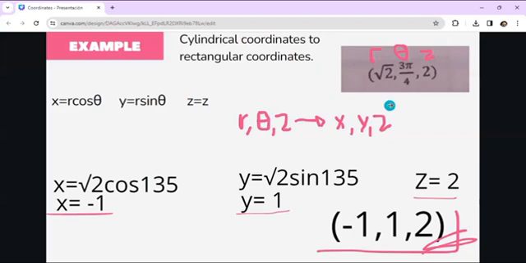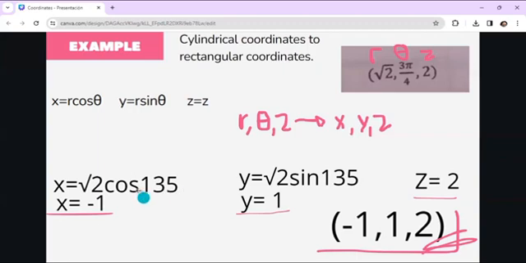The only thing that we need to do is multiply 3/4 multiplied by 180, and the result of this multiplication is 135.